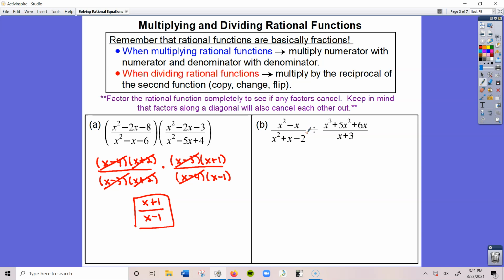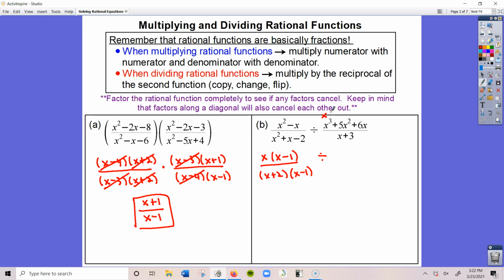Now with division, I would wait to cancel until we have flipped the second fraction. And this is what I mean. So let's factor everything completely. The numerator, x squared minus x, can be factored to be x times x minus 1. The denominator, x squared plus x minus 2, is x plus 2, x minus 1, divided by x to the third plus 5x squared plus 6x.